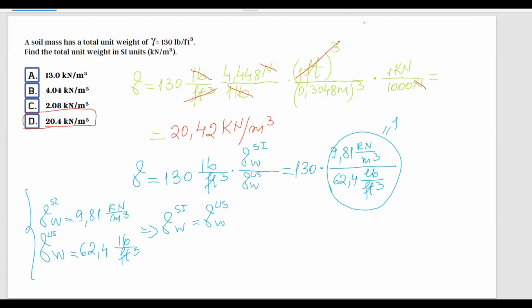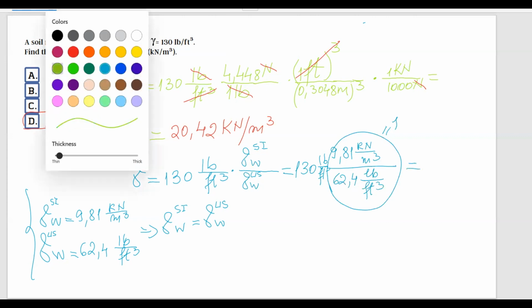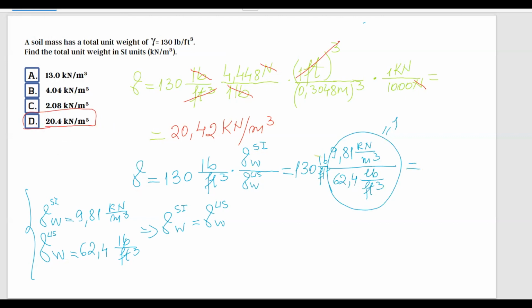And I forgot to put the units for the 130, this is pounds over cubic feet. So now let's move forward. What's going to happen? I'm going to have pounds here, reduced with pounds here, cubic feet here, with cubic feet here. And all I have to do now is just do the math.